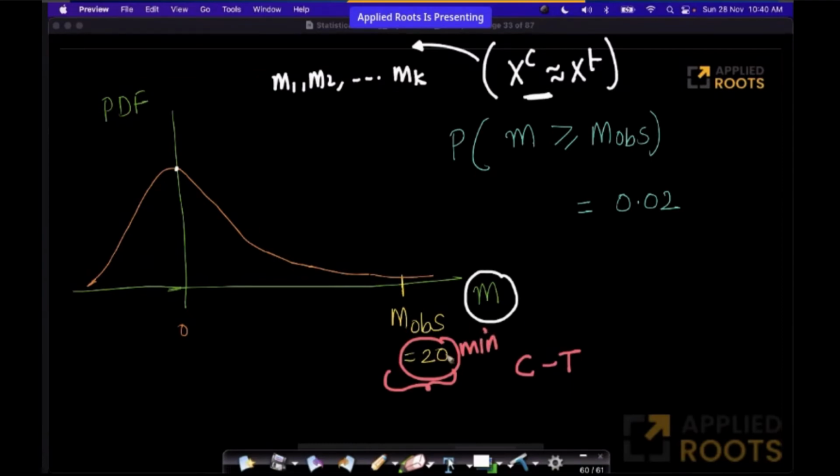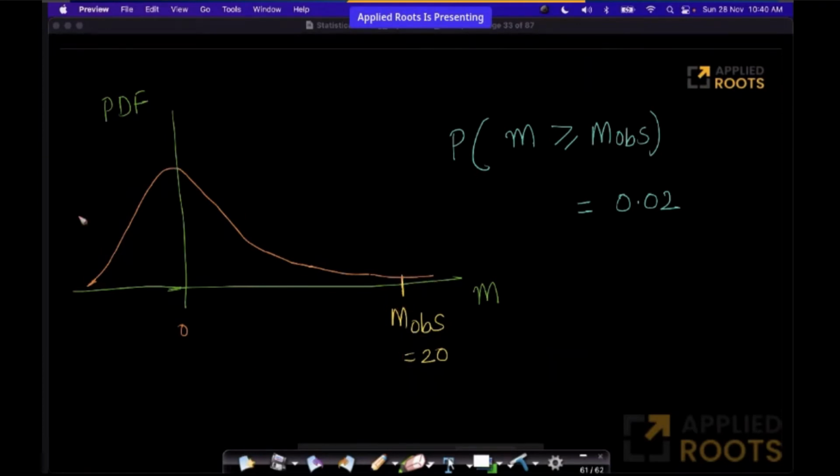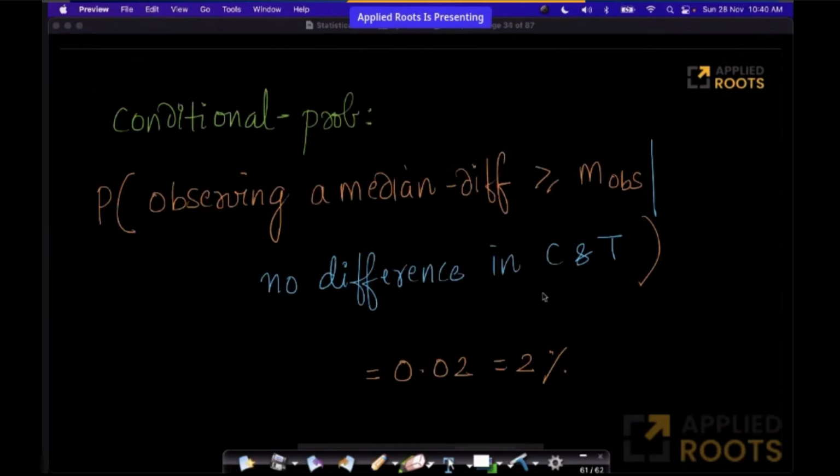Typically, we should observe the data coming from this sort of distribution, but what we observed is this. What is the probability? Let's compute this now. I'm just plotting the data here, nothing else. We have not come to any conclusions.